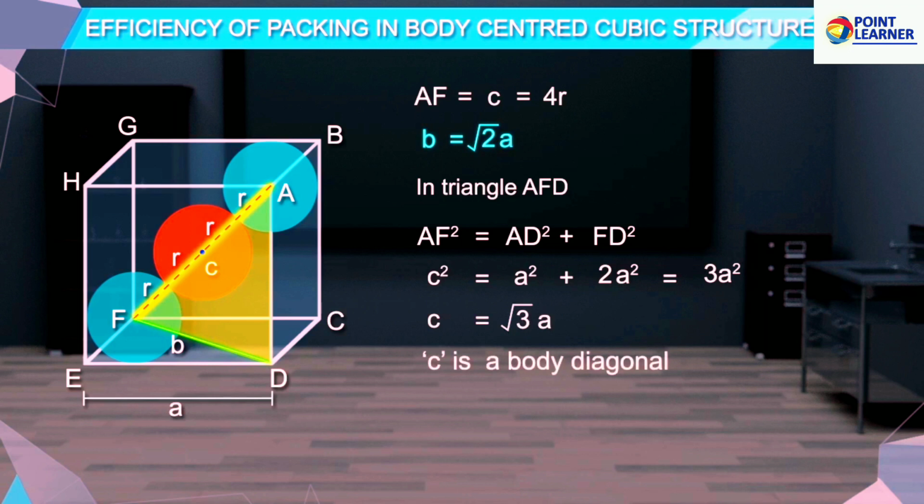But c is a body diagonal which is equal to 4r. Therefore, c is equal to square root 3a, which is equal to 4r. a is equal to 4r by square root of 3.